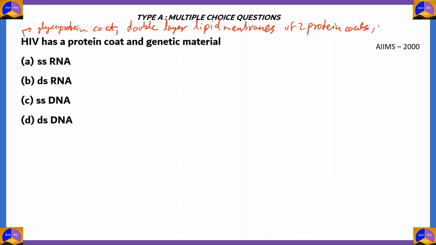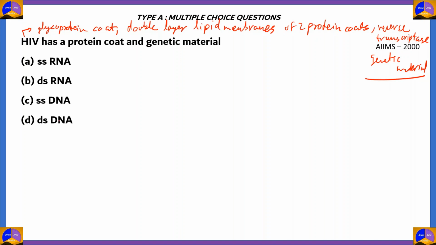It also has reverse transcriptase because HIV is a retrovirus, and then it has its genetic material. We need to find out what this genetic material is.